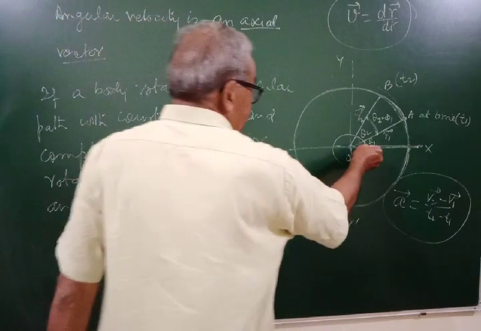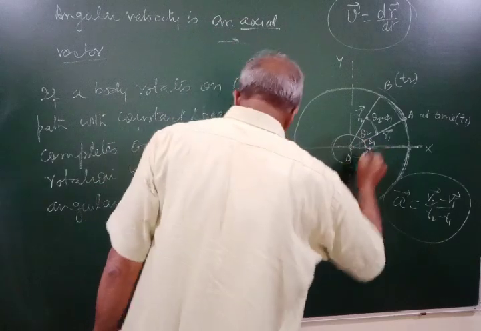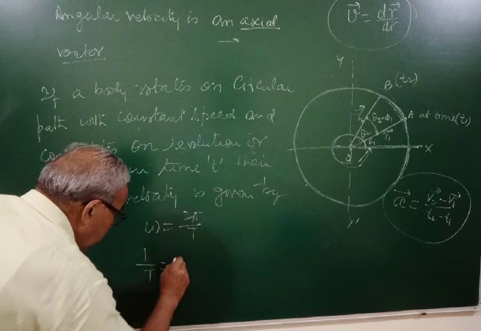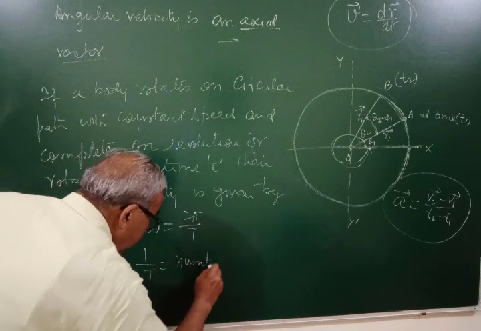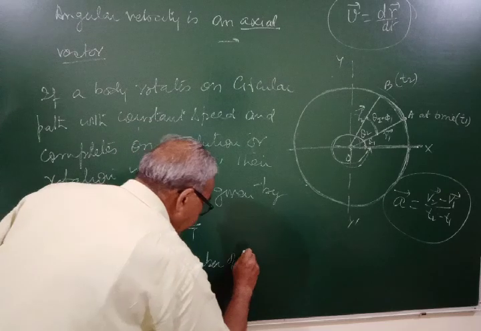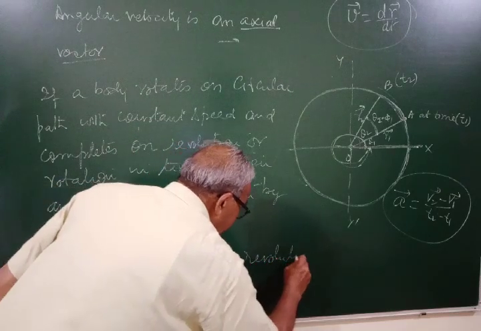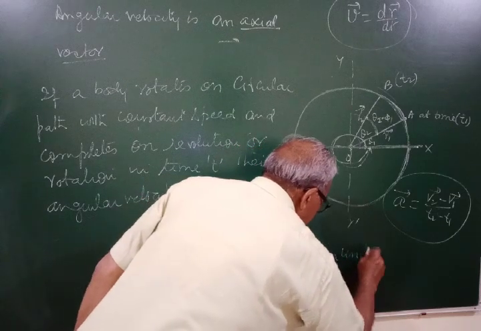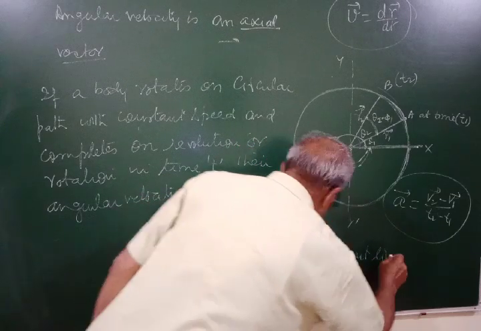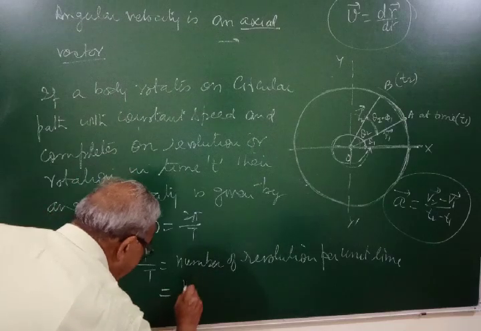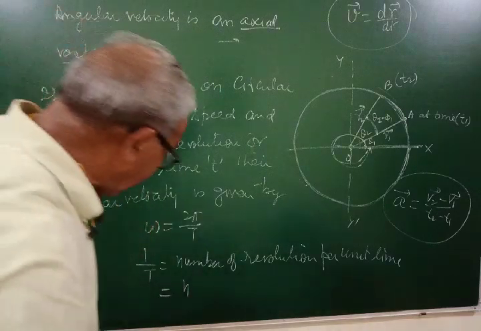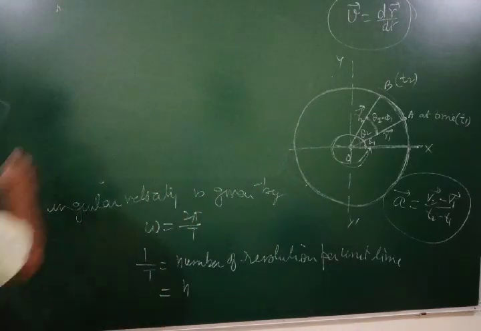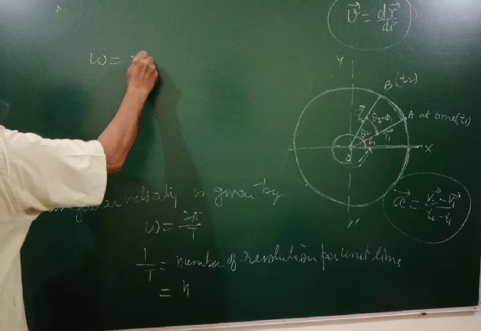So 2 pi radian is the angle rotated in one revolution, and 1 upon t is called the number of revolutions per unit time, which we write as n. So we can write omega equal to 2 pi n also.